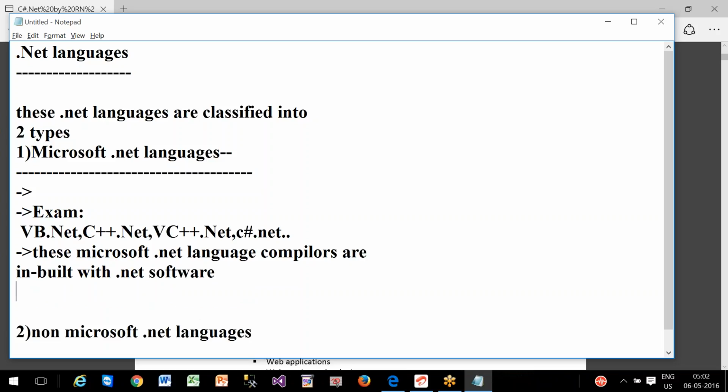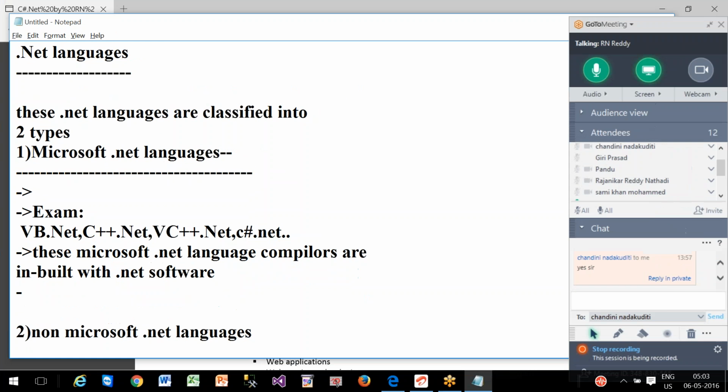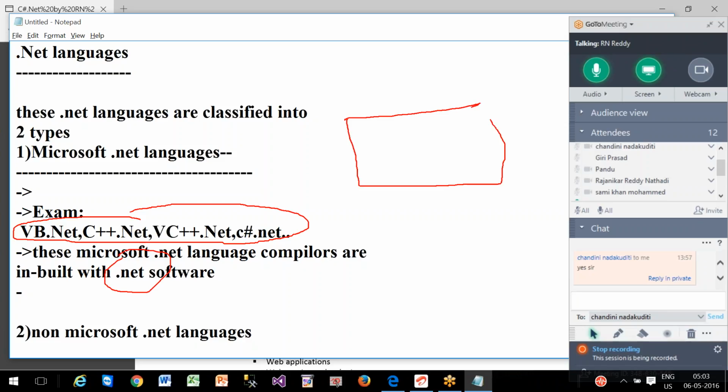Inbuilt with the .NET software means the .NET software is coming from Microsoft. So when they are developing this product called .NET, in that .NET software CD they are including these compilers, because these languages come from the Microsoft family. In that CD, they are including these language compilers.